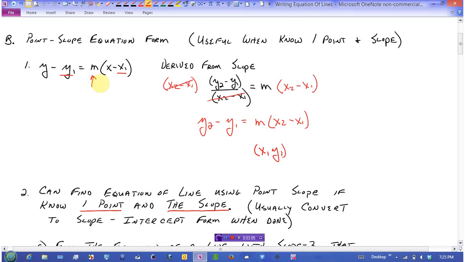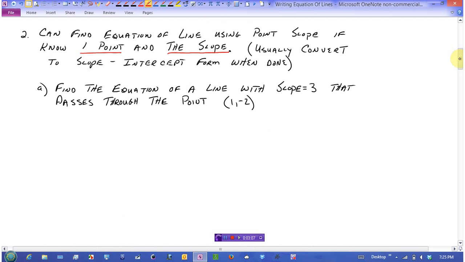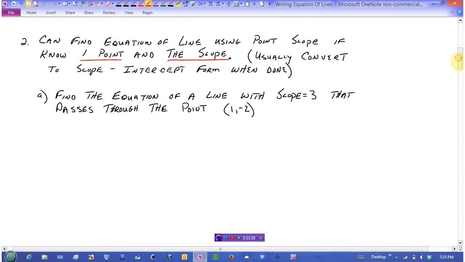So if we have those two things, we can write the equation of a line. When we're done writing that equation in point-slope form, we will always want to convert it back into slope-intercept form. That's just the way we like to have the final equation, because slope-intercept form is a y equals, and that's the way a lot of our other type equations for quadratics are, so we're always going to want to switch it into that form. So let's go ahead and do an example here.